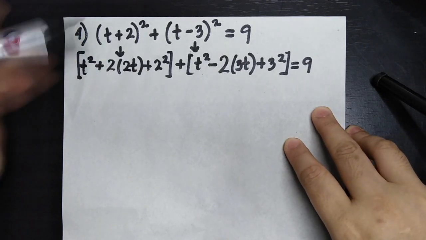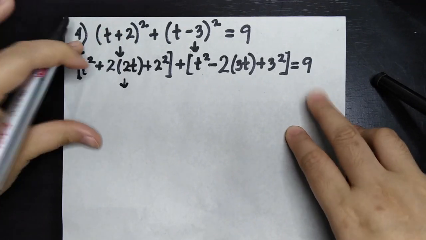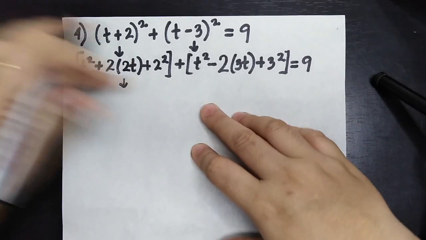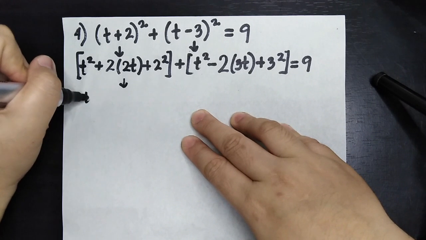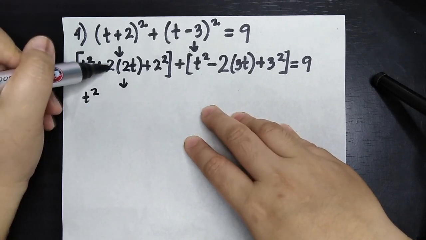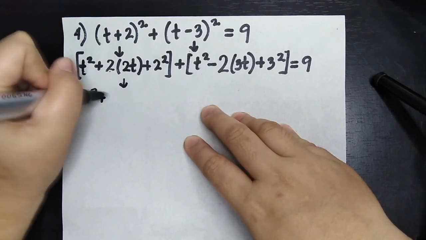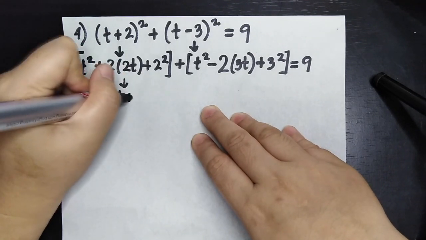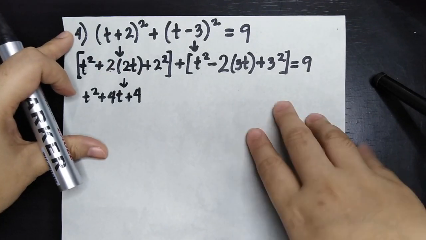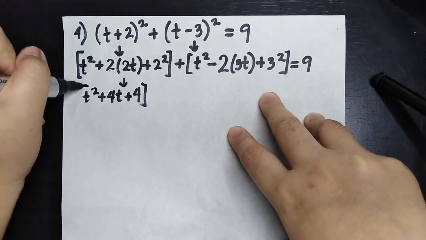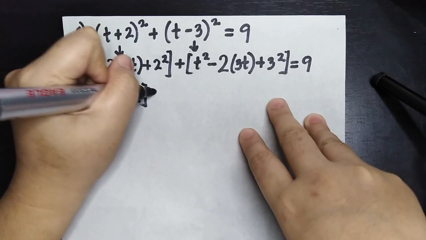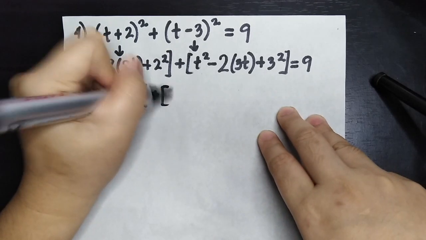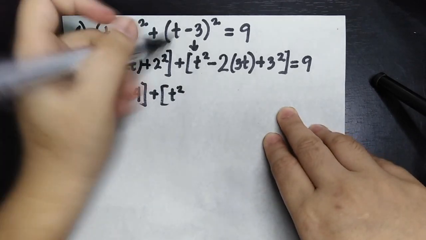So, simplify muna natin bawat isa. So, for this side, or for these terms, we have t square. And then, ito, to simplify that, that would be 4t. And then, plus 4. Ayan. So, lagyan muna natin ng grouping symbol again. So, plus, ito naman is t square.